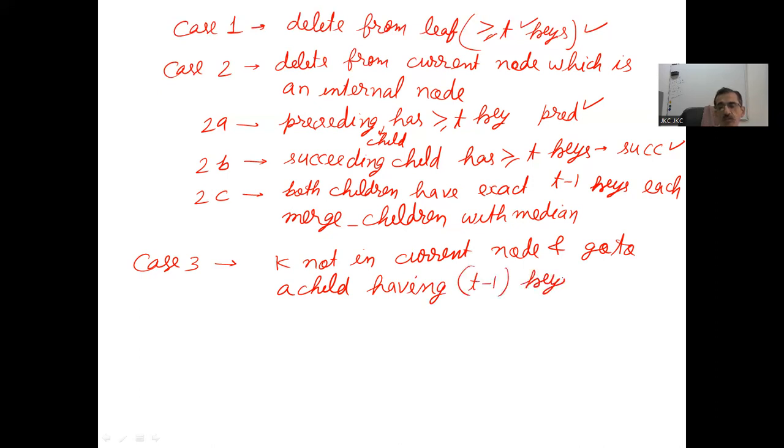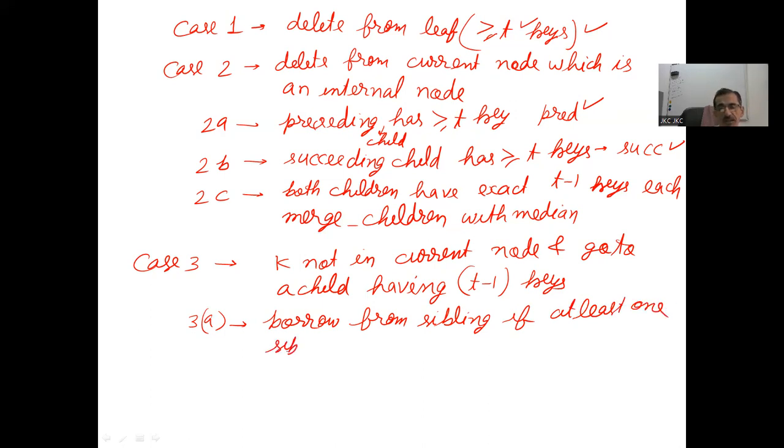So this needs to solve the problem. The solution will be case 3A, borrow from a sibling, if at least one sibling has an extra key, that is, greater than or equal to T keys.